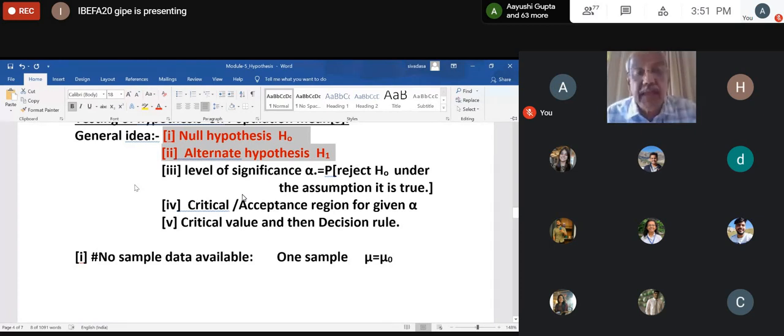It is a claim. It is an assertion on a research parameter. Need not be true. The negation of this statement is called alternate hypothesis.